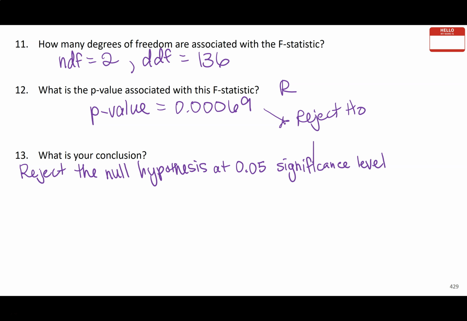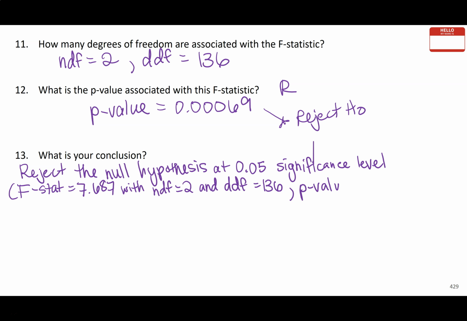And then I'm going to put all the info here. So F stat equal to 7.687 with numerator degrees of freedom equal to 2 and denominator degrees of freedom equal to 136.